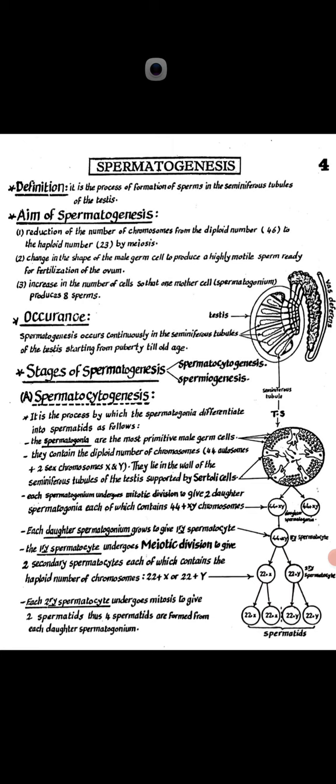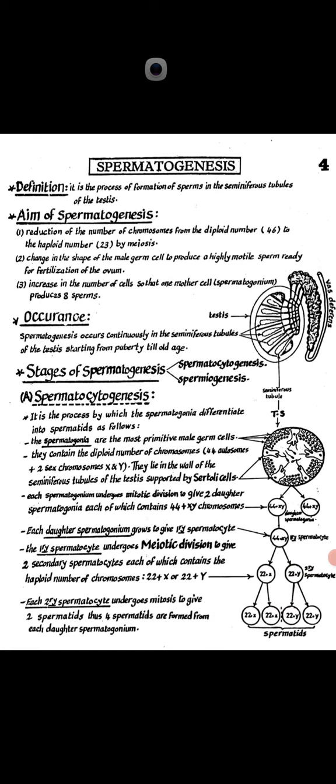For spermatogenesis, you should remember 3S. S for sperm or spermatogenesis, and spermatogenesis occurs in the second S, which is the seminiferous tubule.